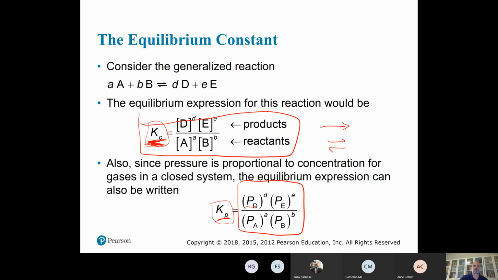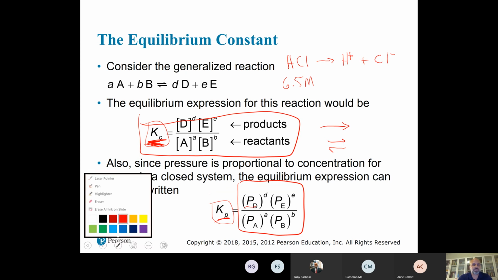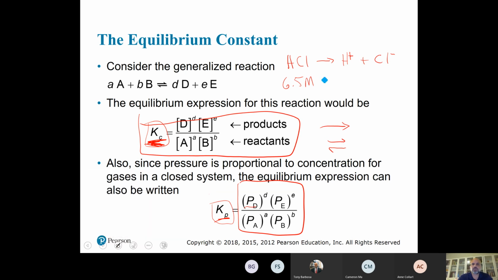If you have a strong acid, let's just say HCl, and that dissociates to give us H plus and Cl minus. We know that if we put in a 6.5 molar concentration of HCl, because the dissociation is 100%, I'm going to have a 6.5 molar H plus solution in the end.